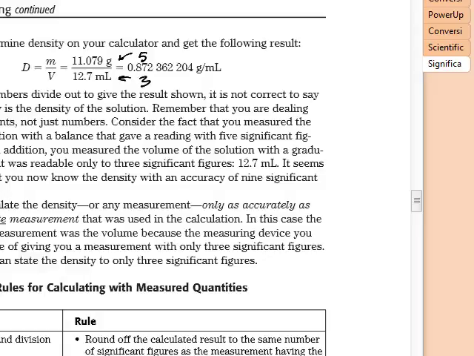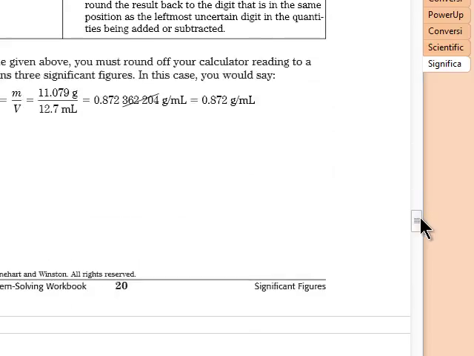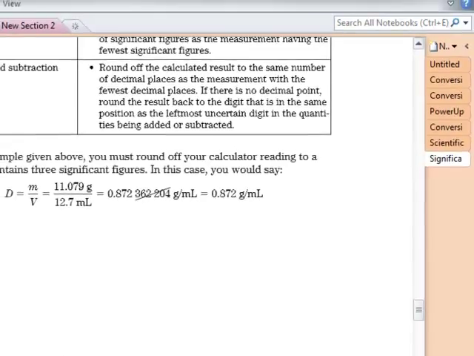So my answer can only have 3 significant digits in it. So I have to go with my least accurate one. So I got, my calculator spit out 0.872 blah, blah, blah. But this limits the number of digits I can report. So I have to get rid of all of these and round it to there.